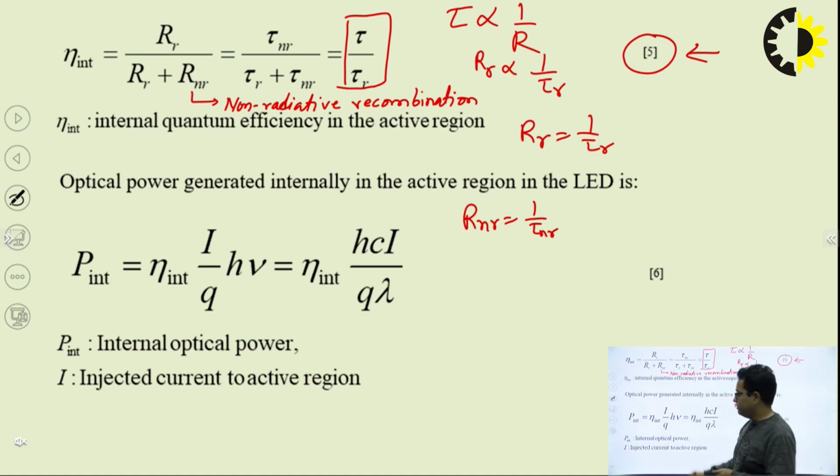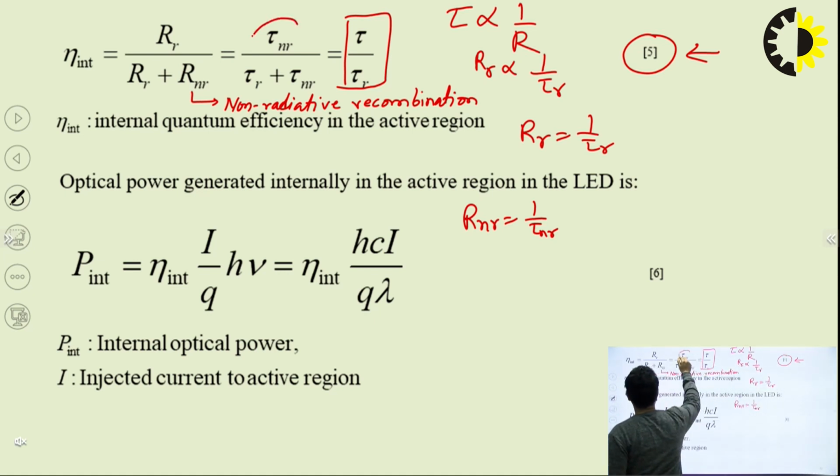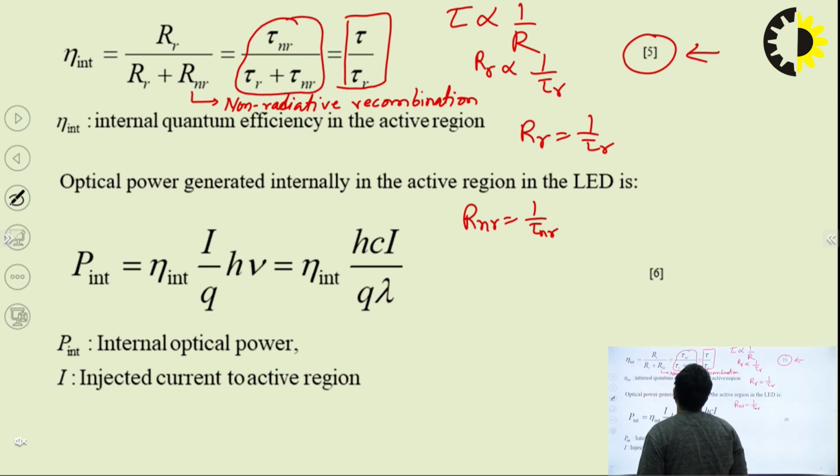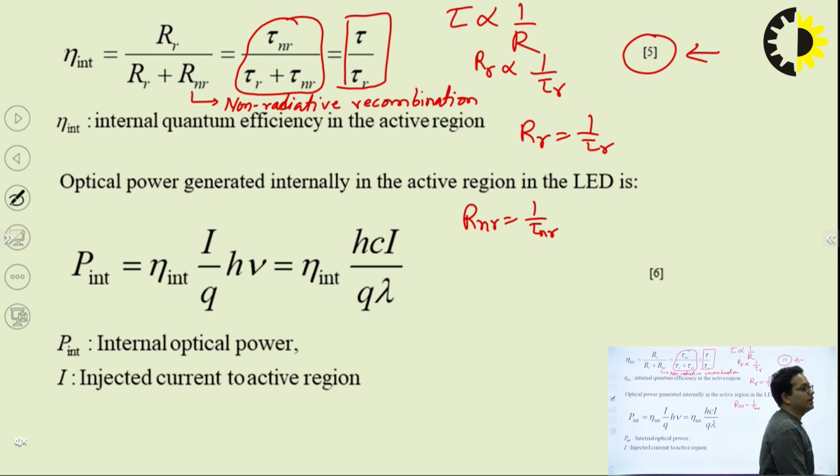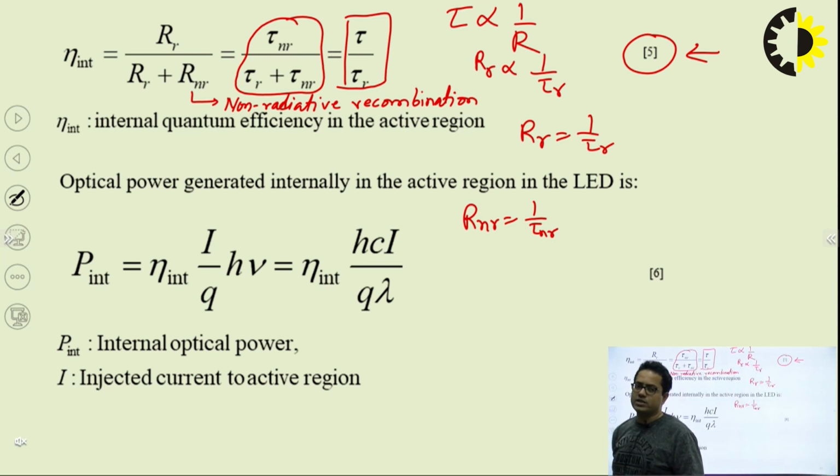So tau NR upon tau R plus tau NR is the most important expression for the internal quantum efficiency.